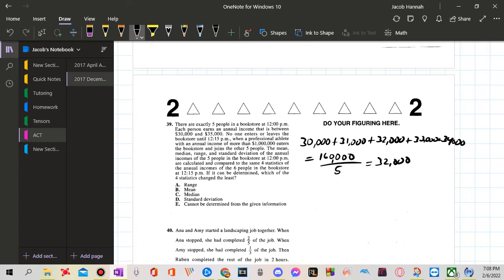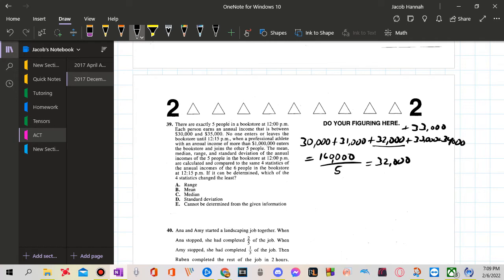So this is the mean. Now the median of this set would be the number that's in the middle of an odd set. If your data set had 6 numbers, let's say we add another 33,000 in here.